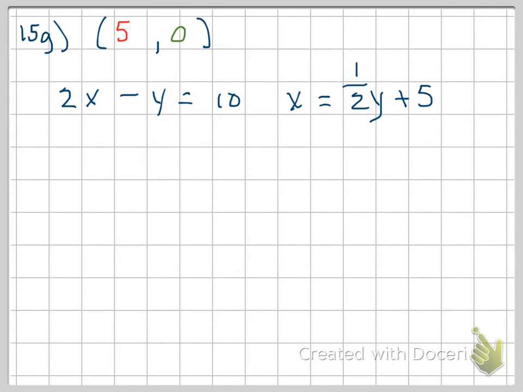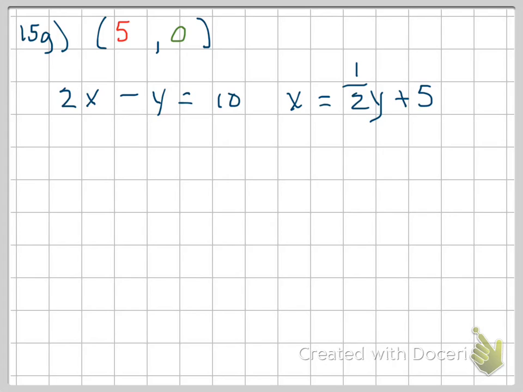Okay, in number 15, it's the same directions. We're to determine whether the ordered pair is a solution, that is, true. So in order for it to be a solution, it has to be true. So x is in red, the coordinate up there 5, and y is in green 0.